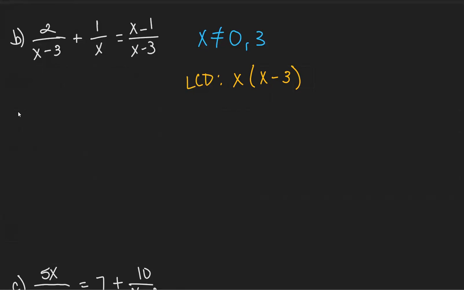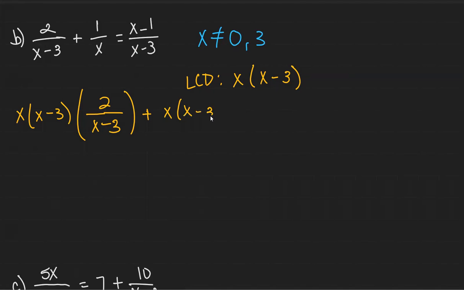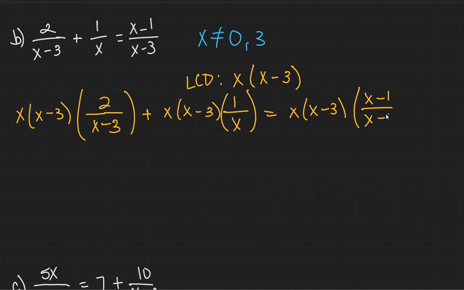So I get x times x minus 3 times 2 over x minus 3, plus x times x minus 3 times 1 over x, is equal to x times x minus 3 times x minus 1 over x minus 3.